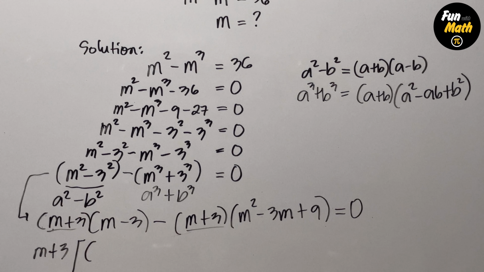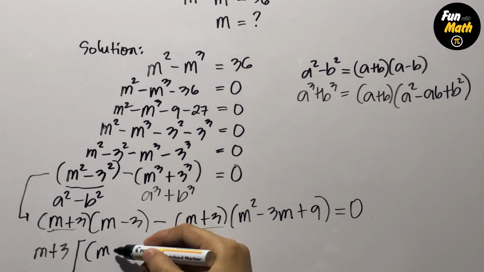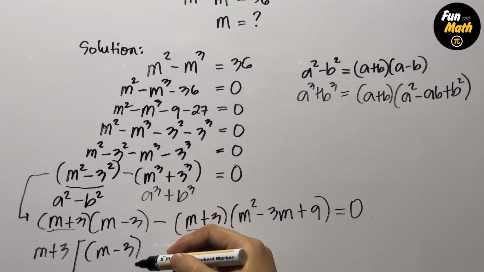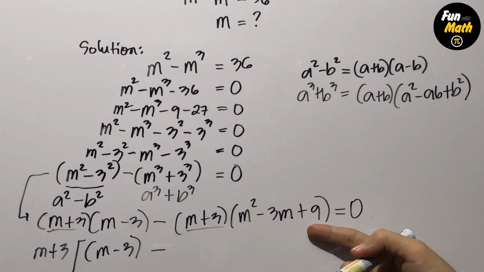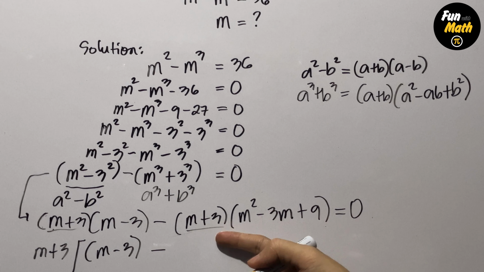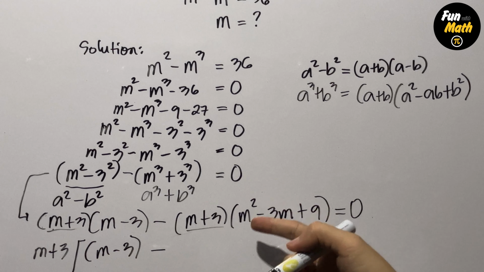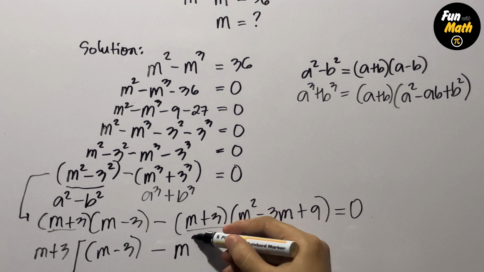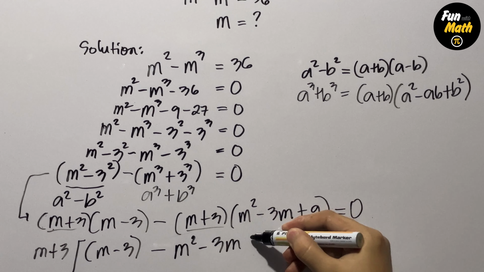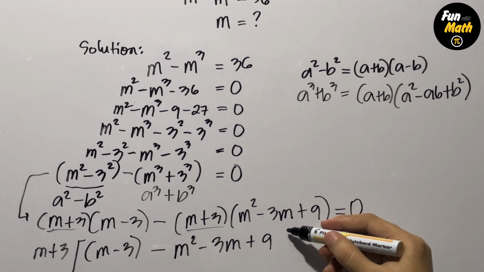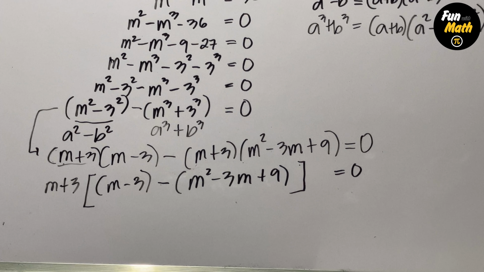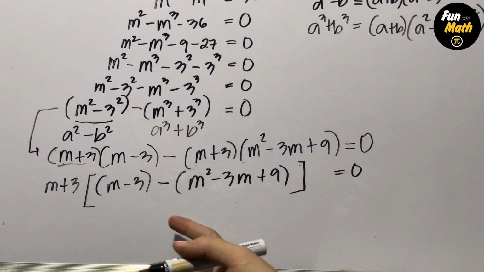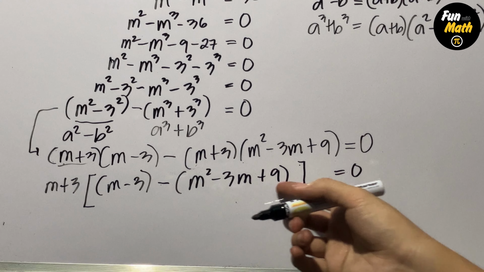This is cancelled, and we're left with m minus 3. Minus, for this side, m plus 3 will be cancelled also, and we're left with m squared minus 3m plus 9 equals 0.